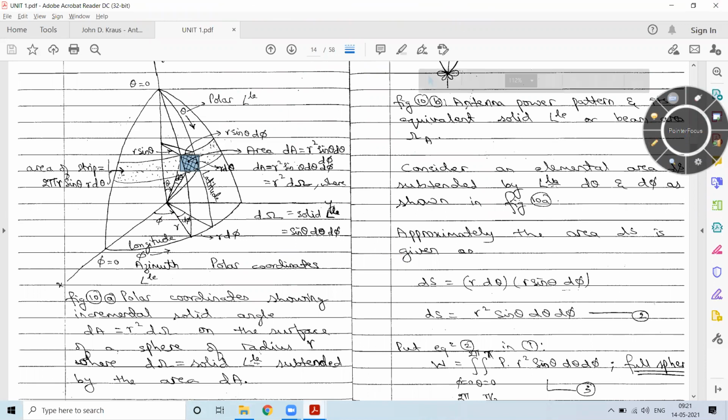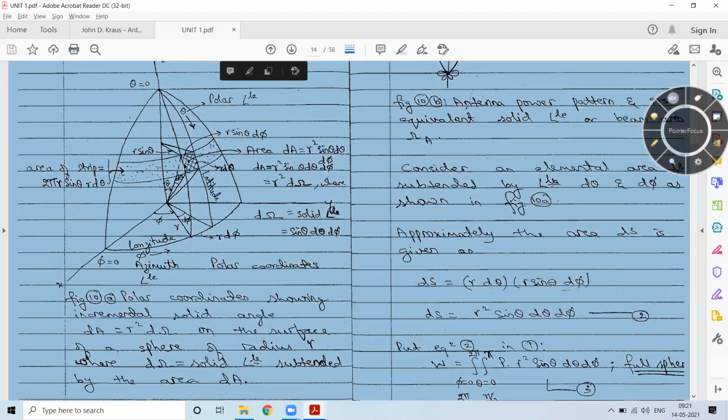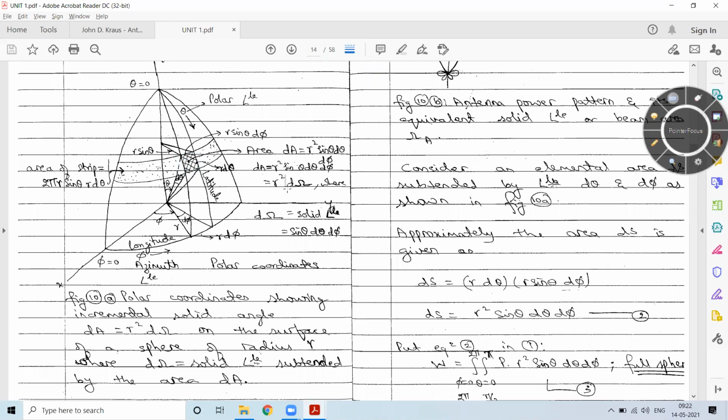Now here you can see that the elemental surface area is given by dA, which is equal to r square sine theta d theta d phi. And this d omega I need to estimate, which is sine theta d phi, because that is what the problem specifies. In the problem, they want to identify the solid angle which is subtended by this small area, which is given by d omega, equal to sine theta d phi.